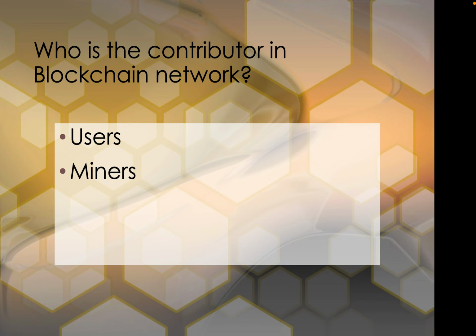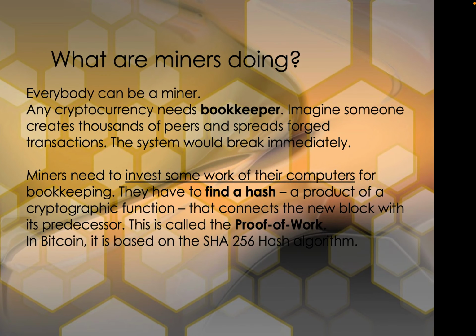There are two types of people in the Bitcoin network. In addition to the users, there's another category called miners. So what do miners do? We know that every cryptocurrency needs a bookkeeper. Most likely it's a centralized server in charge of everything, which should be trusted by everybody.